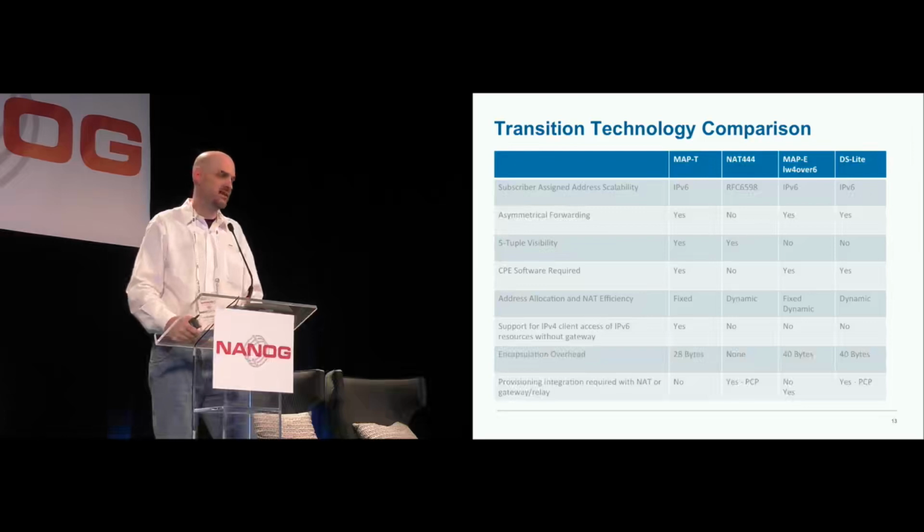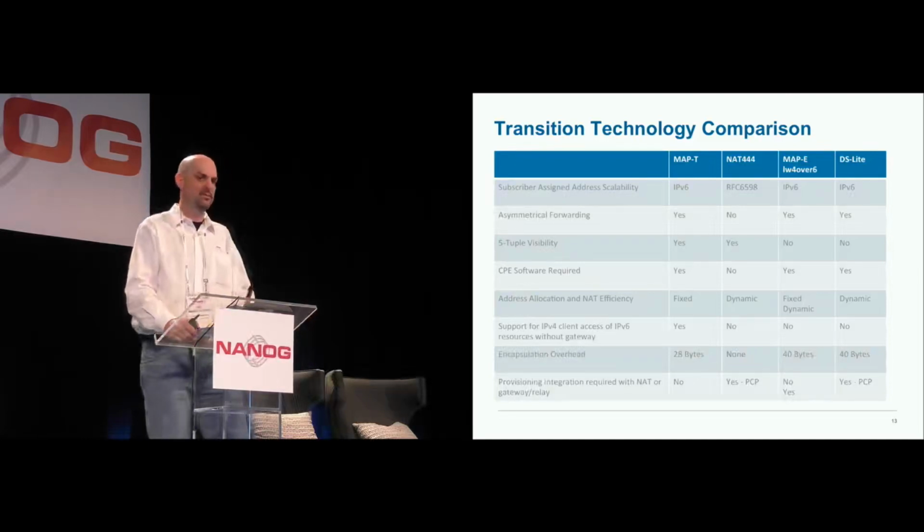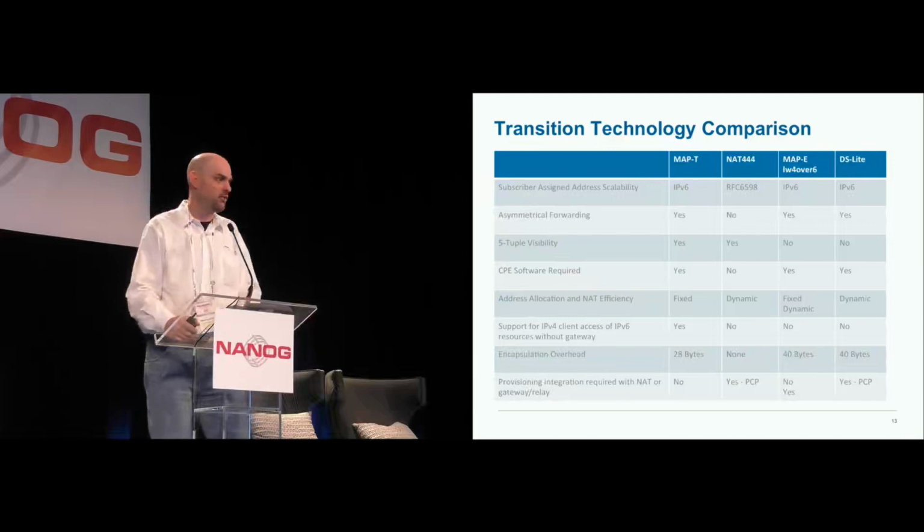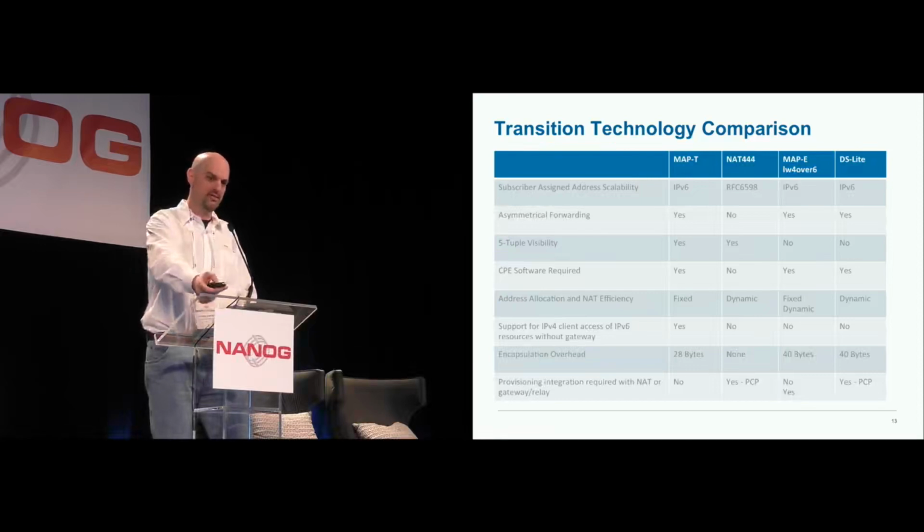NAT444 and DS-Lite can need it between the large-scale NAT function and the subscriber gateway if you want to do PCP. And in the case of lightweight 4over6, you need signaling between the border relay and your provisioning system. That's how you get your flexibility with the NAT efficiency.